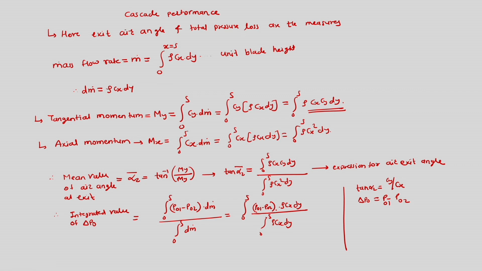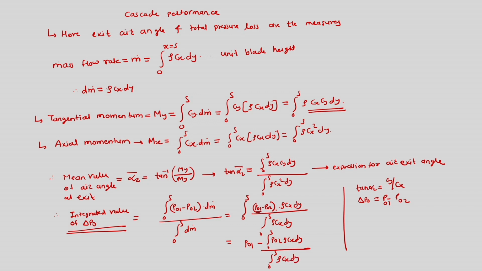Here we can take P naught 1 to be constant, and then that P naught 1 can come out of the expression, where we would have the expression now for integrated delta P naught as the integral of P naught 1 minus P naught 2 rho Cx dy divided by the integral from 0 to S of rho Cx dy.